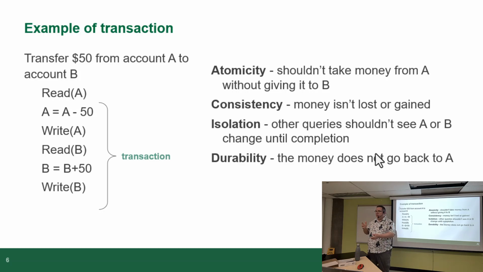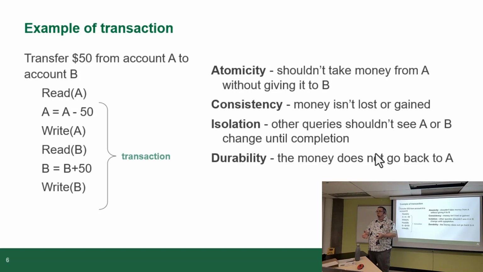The order they do it in might be slightly different, but the beginning and the end result are the same. The transaction would be as follows: you want to transfer $50 from A to B. So A is A minus 50. You write A to the database. You read B, you add 50 to B, and then you write B to the database.